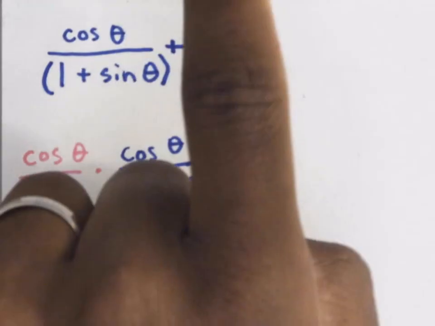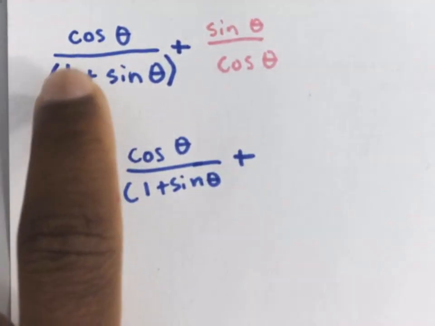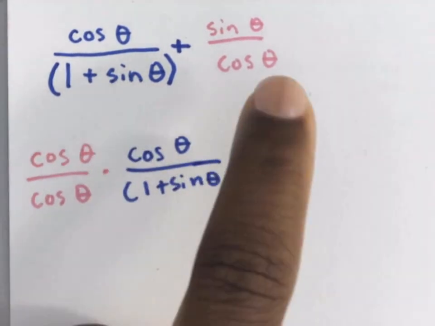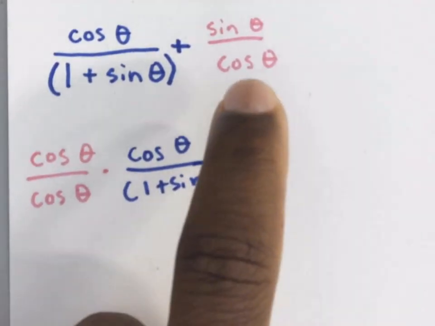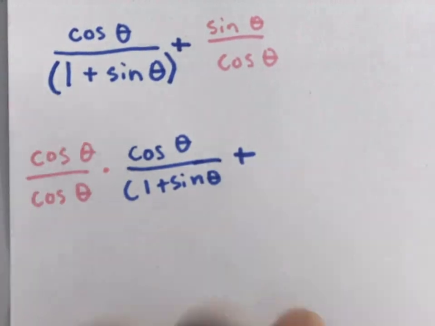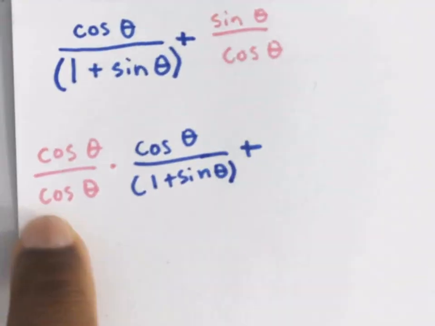Now this right side needs 1 plus sine theta as a common denominator with cosine. It already has cosine. This one didn't have cosine, so that's why we multiplied it there.